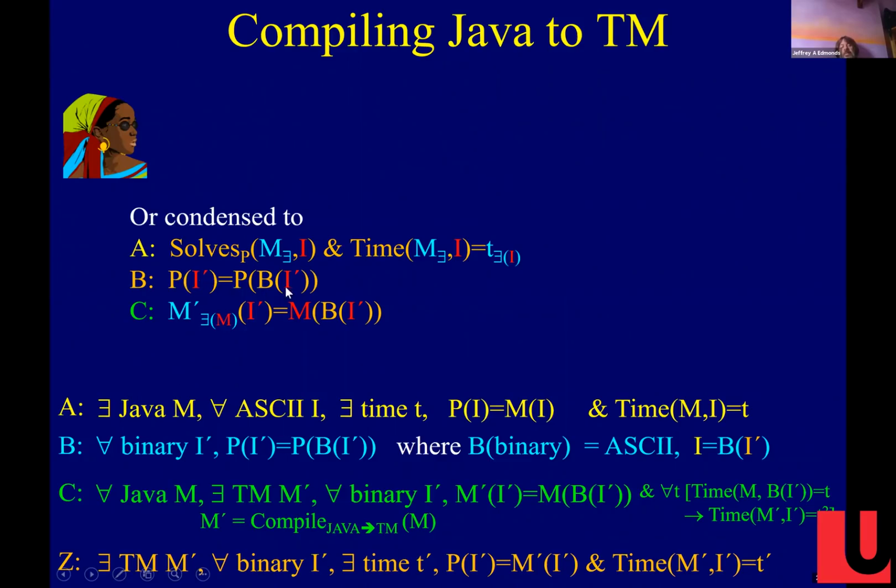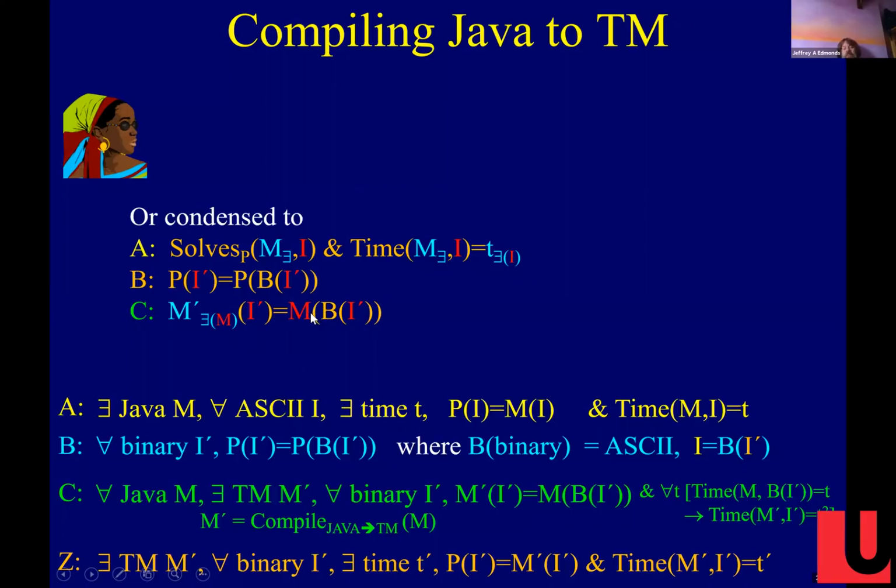What does B say? B says you give me any binary input, you can use B to map it over to an ASCII input, and the problem will give the same answer on the ASCII and on the binary, right? And what does C say? C says, you give me any Java program, red M, right?